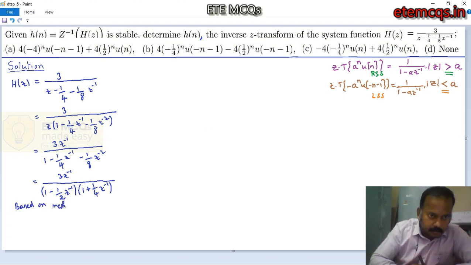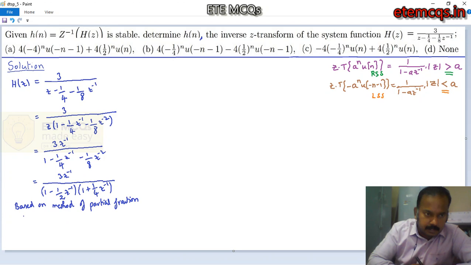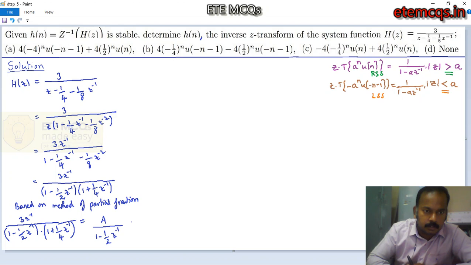Based on the method of partial fraction, this right hand side can be rewritten as 3 times z inverse divided by 1 minus 1 by 2 z inverse the whole into 1 plus 1 by 4 z inverse, which is equal to a divided by 1 minus 1 by 2 z inverse plus b divided by 1 plus 1 by 4 z inverse.